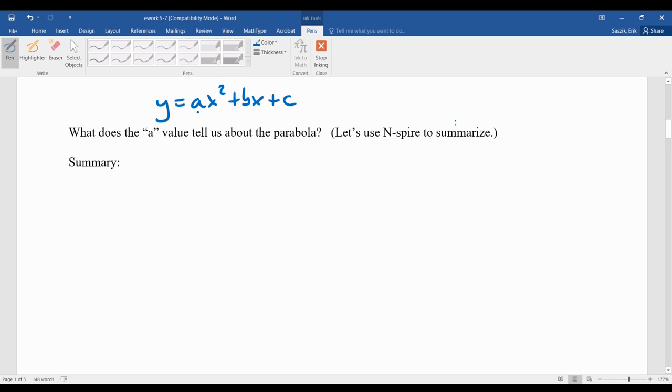This a value, first of all, if a is positive, the parabola will open upwards. Okay, and if it opens upwards, that means the vertex of the parabola is called a minimum, because the vertex is at the absolute bottom.